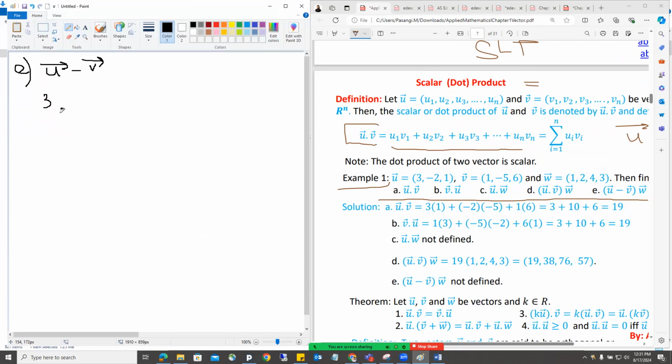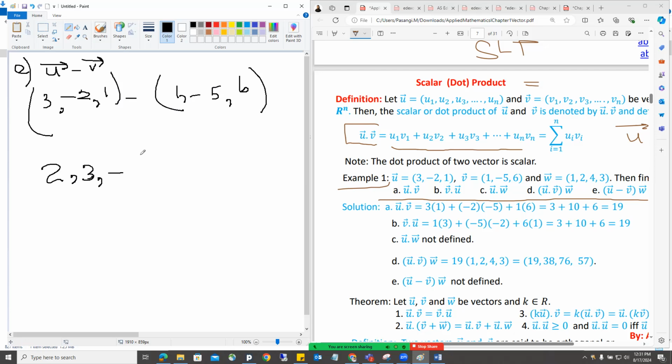That is 3 minus 2, 1, minus 1 minus 5, 6. Then U minus V vector will be 2, 3, minus 5. Now we have U minus V vector.